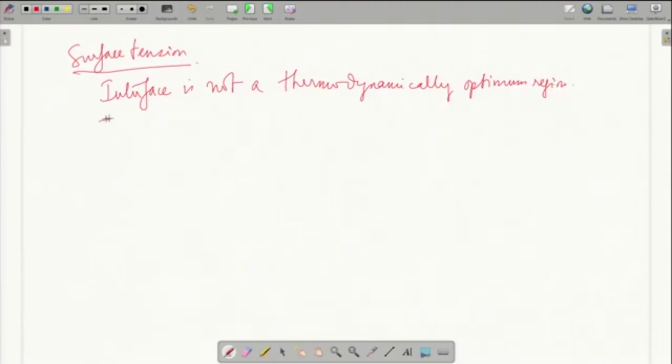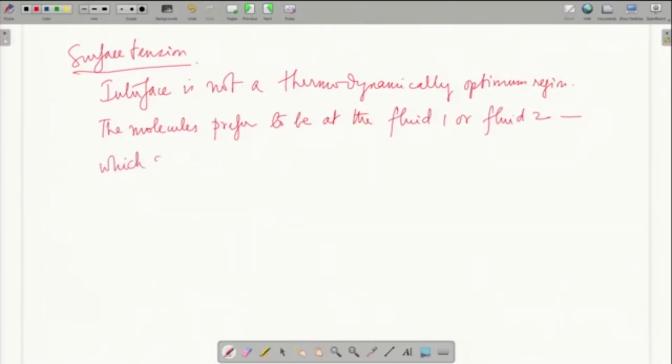It is because the molecules on two sides of the interface prefer to be at fluid 1 or fluid 2, the choice based on which minimizes the free energy.